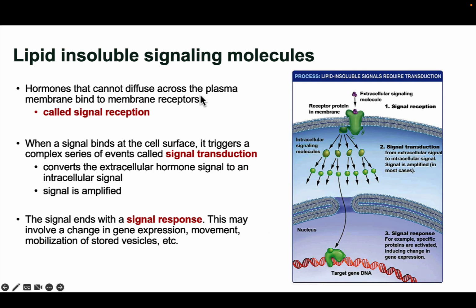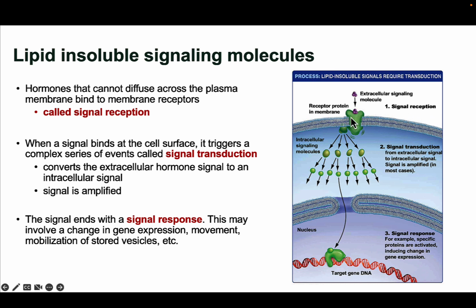Signaling gets a little more complicated when we start to think about these lipid insoluble molecules. So I want to talk about the steps here. The first step is that our extracellular signaling molecule binds to a receptor protein in the plasma membrane. So this is our first signal reception.